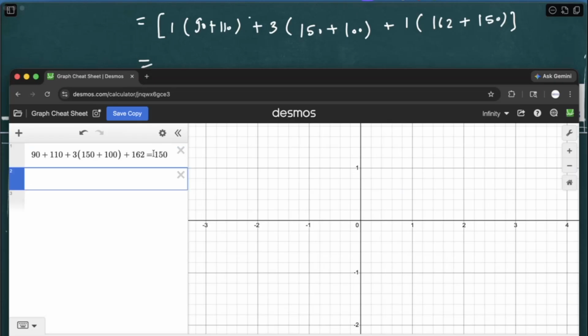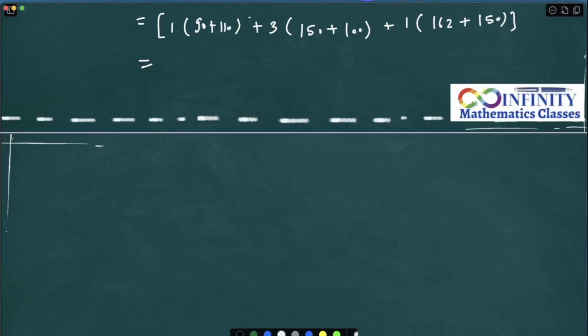I made a mistake there. Yes, it is 1262. Have I made any mistake in any calculation anywhere? No. I don't think so. 150 plus 162. So yes, I hope there is no calculation mistake. So if no calculation mistake is there, this is going to be the final answer for you.